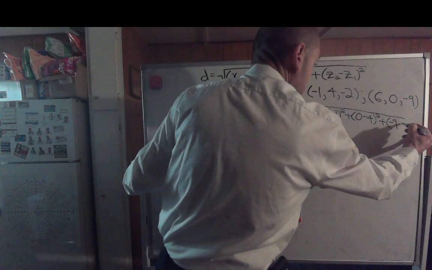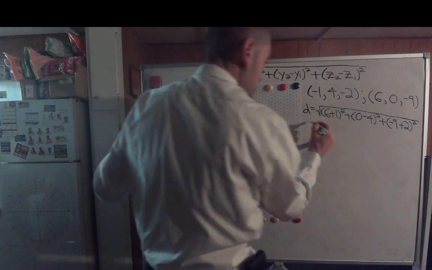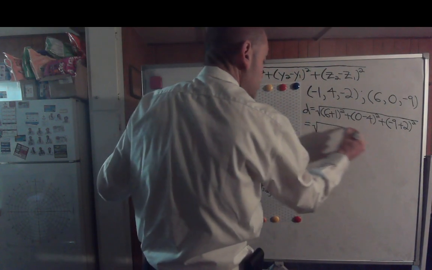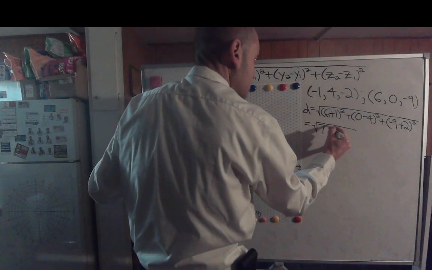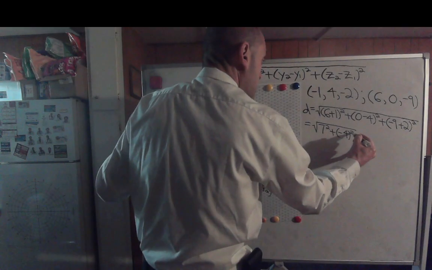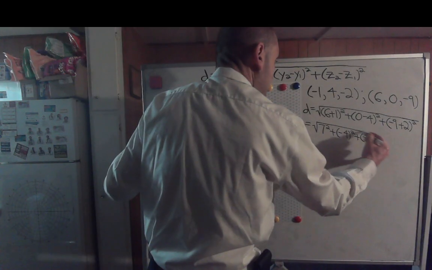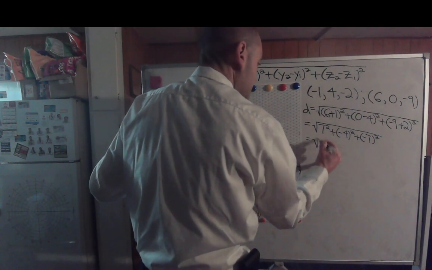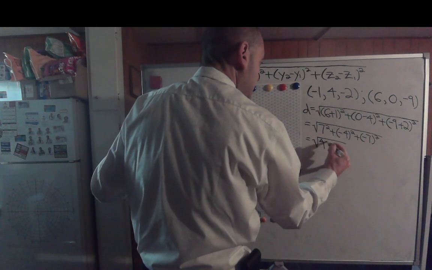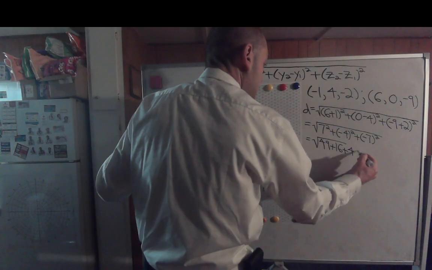That would turn into -9 plus 2, quantity squared. So let's simplify this. You'll get the square root of 7 squared plus -4 squared plus -7 squared, which would turn into the square root of 49 plus 16 plus 49.